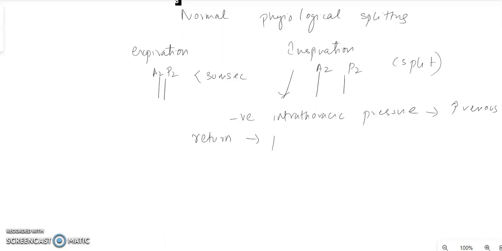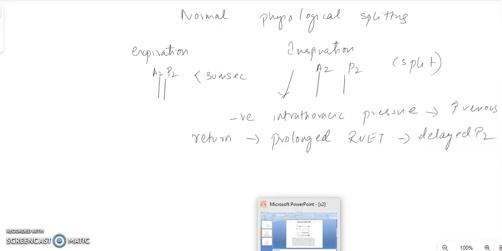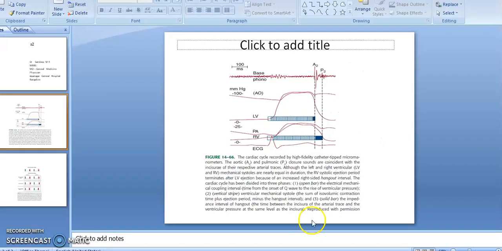So prolonged RV ejection time, which causes delayed P2. Understand? Now let's go to the diagram. You will understand the various types of splits.